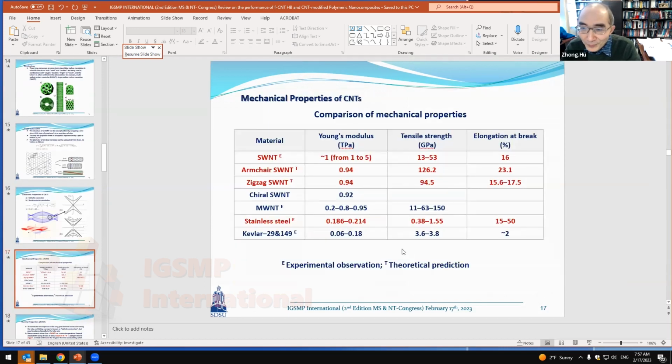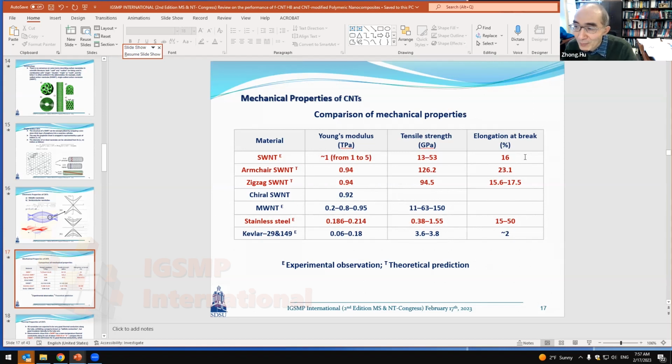So this shows some of the mechanical properties of the carbon nanotube. As you can see, the first ones are single wall nanotube, armchair, and zigzag, compared with stainless steel. Even for the carbon nanotube, sometimes the values can range from lower to higher, so it's not just one number.